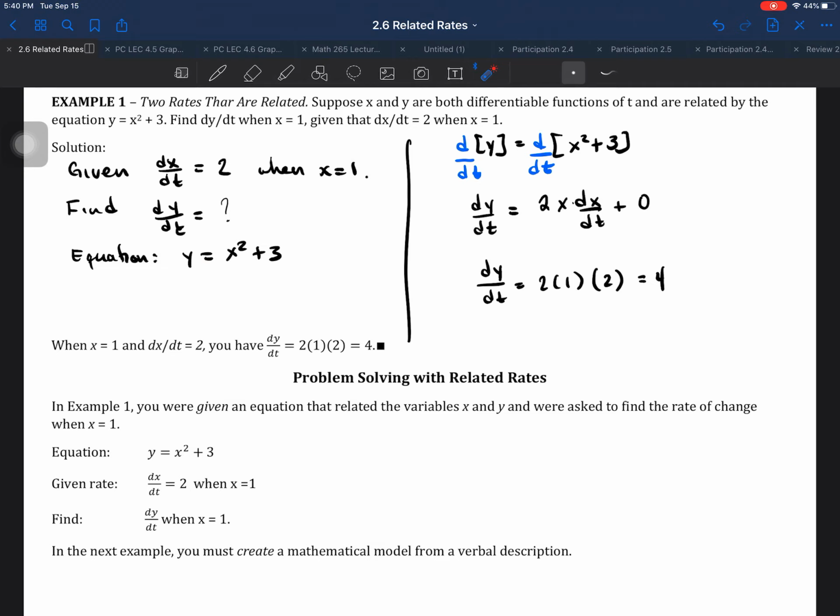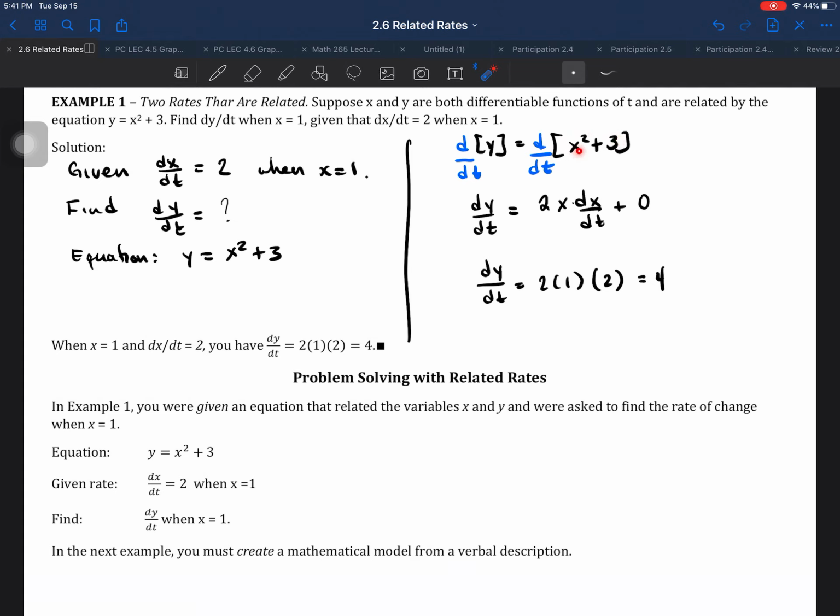So I'm going to find dy/dt by taking the derivative of this equation with respect to t. The derivative of y with respect to t, on both sides of the equation, requires implicit differentiation. dy/dt is dy/dt. The derivative of this requires us to do one term at a time.